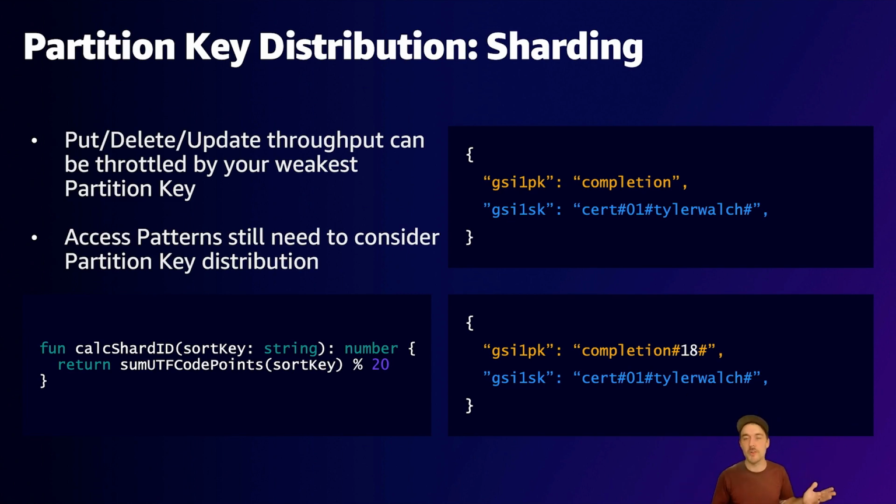Your first request is the completion hash 0 partition key, and you can iterate through those. Concurrently, you could iterate through 1 through 19 as well. So 0 through 19 concurrent requests.